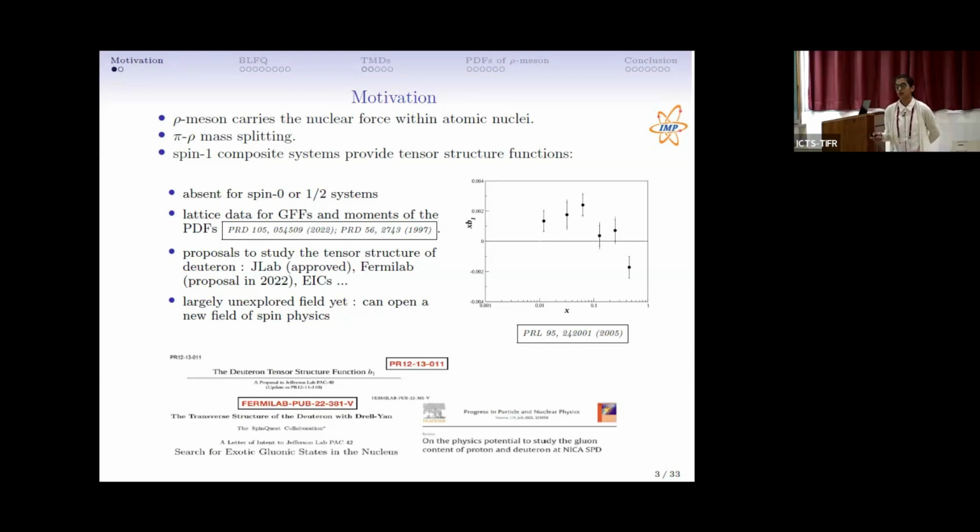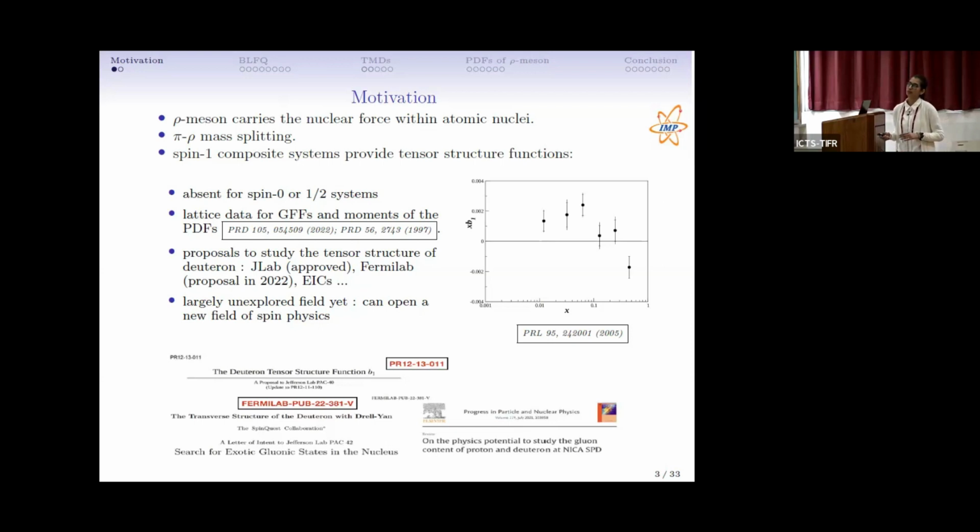So why is the rho meson so important to study? The rho meson carries the nuclear force within the atomic nuclei, as we all know, and the pi-rho mass splitting is very important since they have the same quark content. So gluon dynamics is very important to study this pi-rho mass splitting.